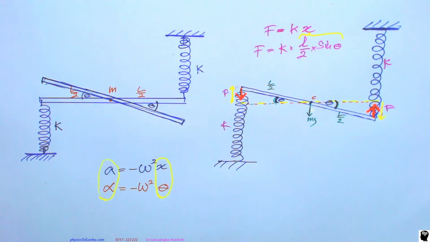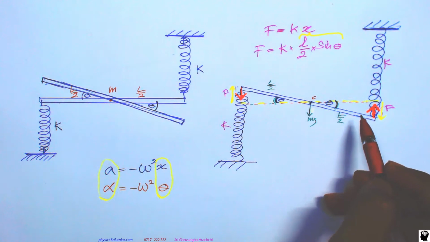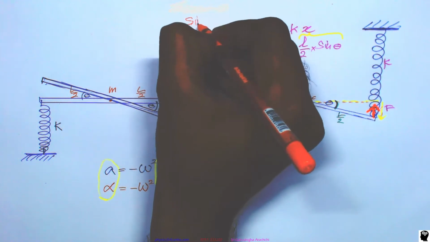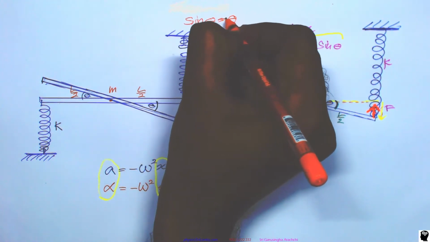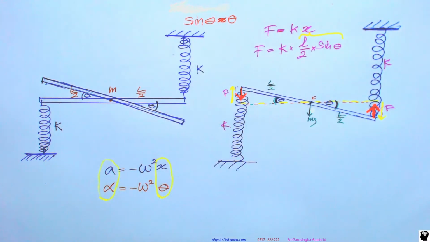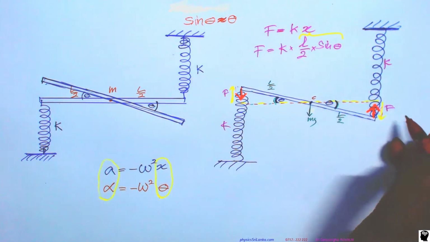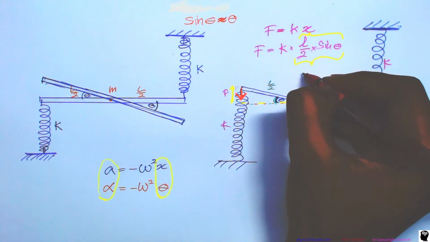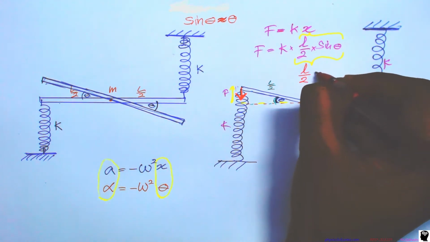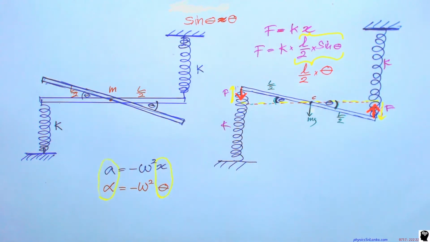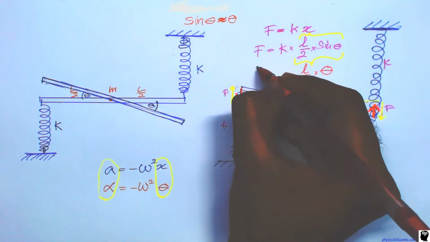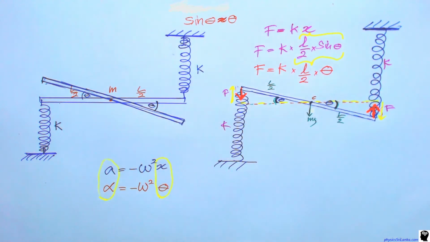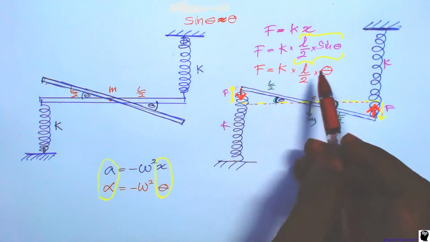But when theta is small, sine theta is approximately equal to theta. In this case, the extension L divided by 2 sine theta is approximately equal to L divided by 2 into theta. So what would be the force of the spring? I get F equals K multiplied by L divided by 2 into theta. So this is the force on the spring.